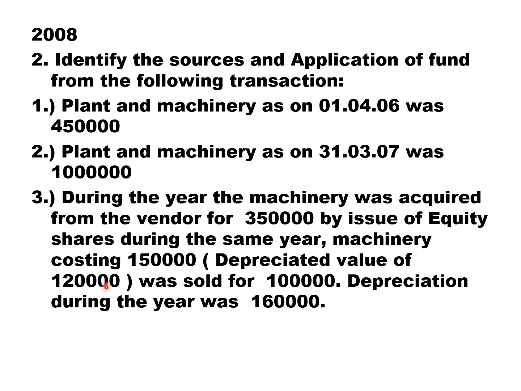So 1,20,000 is nothing but WDV. Depreciated value means after minusing depreciation, the value is 1,20,000. So 1,20,000 is called WDV. So original cost is 1,50,000.